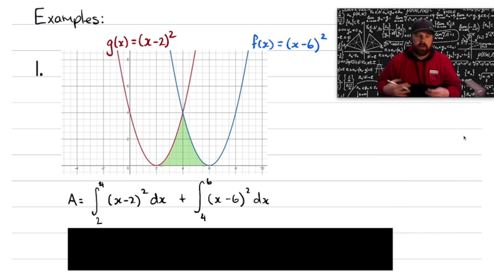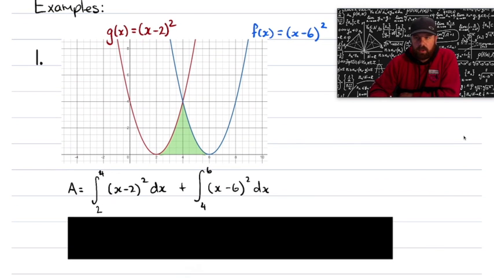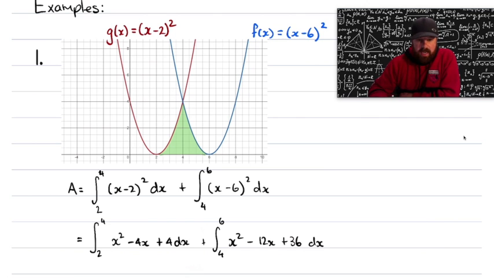So what we're going to end up with is the area is going to be equal to the integral evaluated between 2 and 4 of (x minus 2) all squared, plus the integral between 4 and 6 of (x minus 6) all squared. Remember, having a look at this, expand out, and off we go.